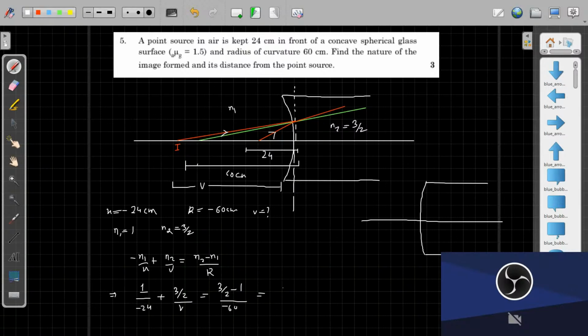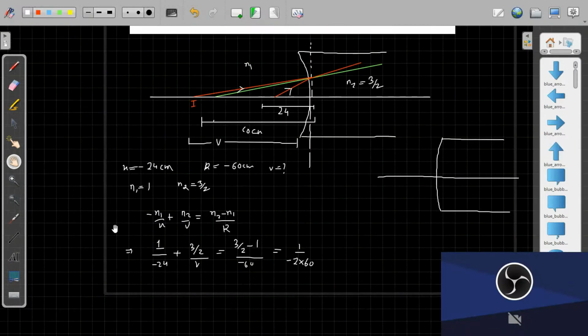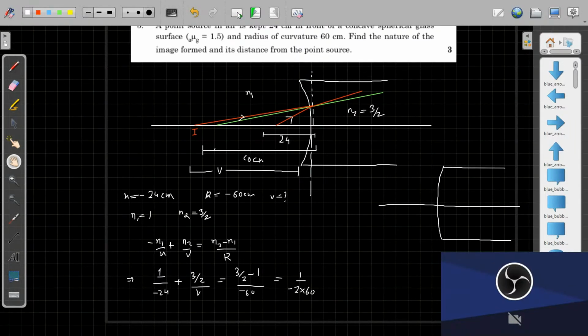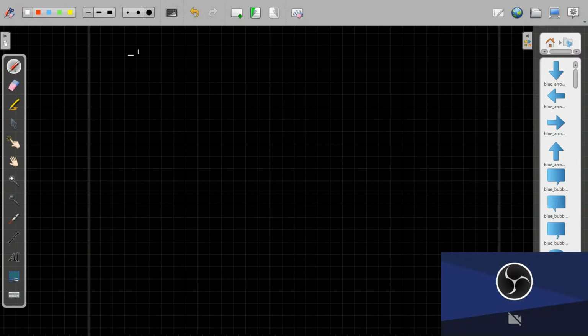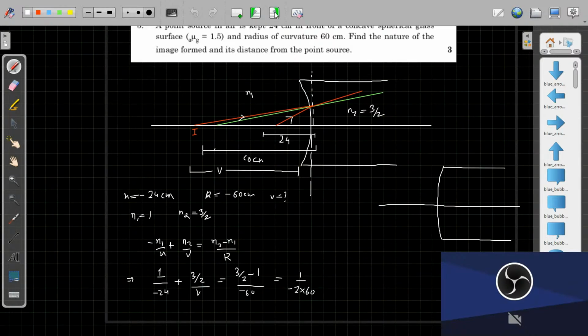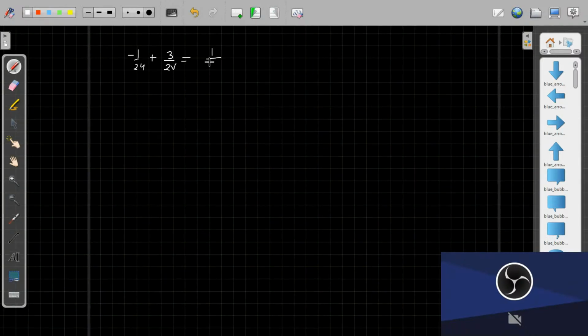So I'll go to the next page. Minus 1 by 24 plus 3 by 2V is equal to 1 by 2 into minus 60.